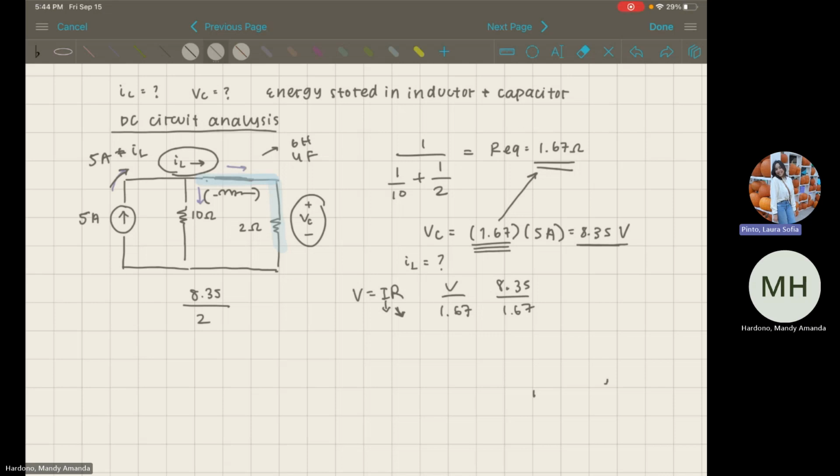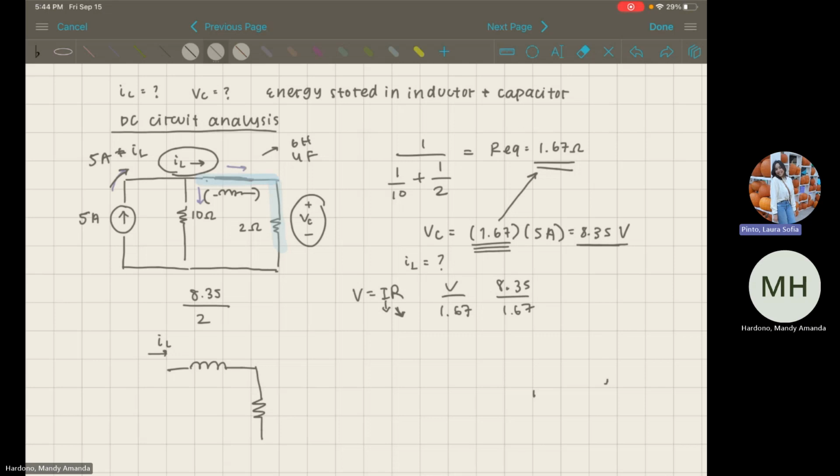The current keeps flowing because of Kirchhoff's current law up until it reaches 2 ohms, which then would give us the current from that entire node. So essentially, you have this current IL, and then you have the inductor and then the resistor. You're right about the splitting part. It does split because currents split whenever there's a parallel connection.